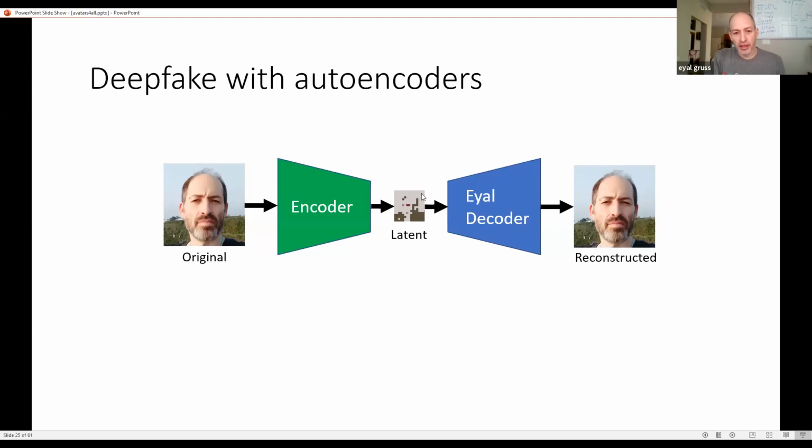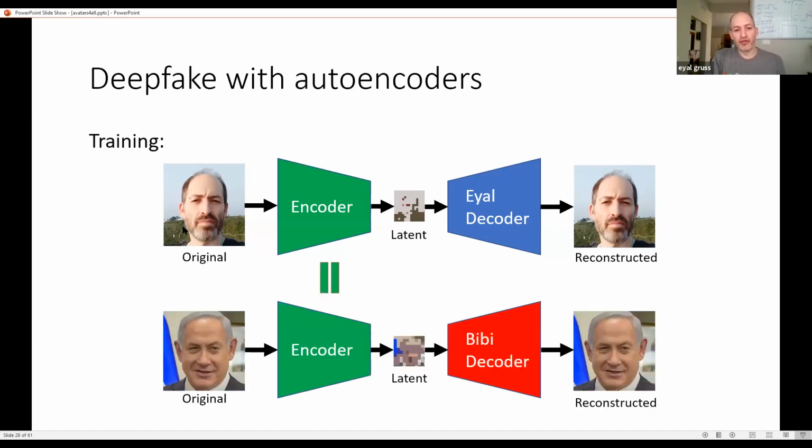Because the secret is in the latent representation. Once we learn this kind of representation, we can manipulate it. And the very basic way that this kind of deepfake works is that I take several faces. For each one, I train this task. Each of us has his own decoder, a personal decoder for me, a personal decoder for Benjamin Netanyahu, but the encoder is shared.